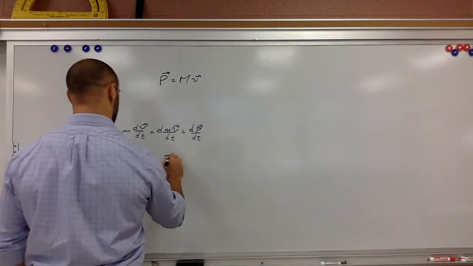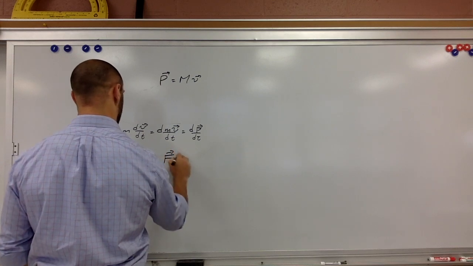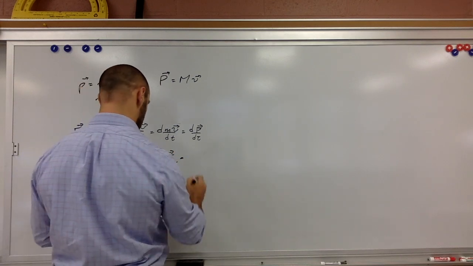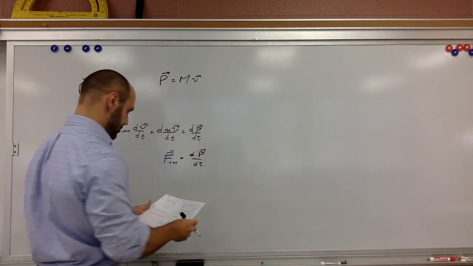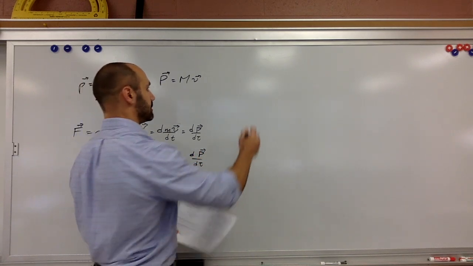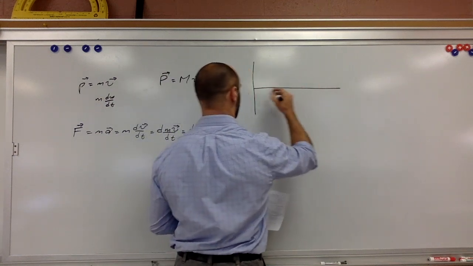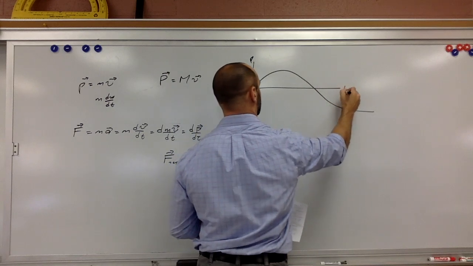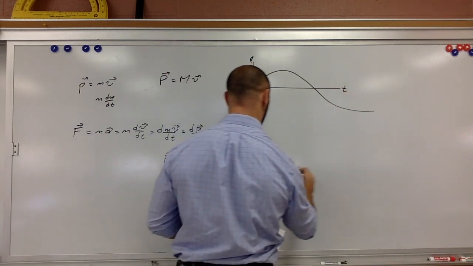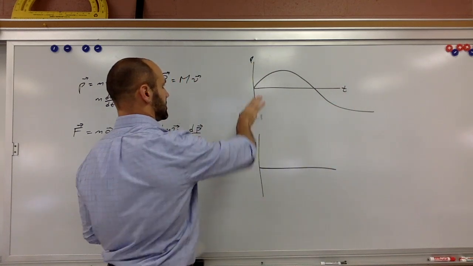F net is going to be equal to dP/dt. So then if we have a graphical analysis of momentum, if the momentum graph looks like this, P versus t, the force graph then is going to look something like this. This is positive slope.